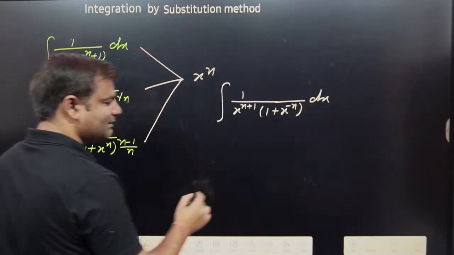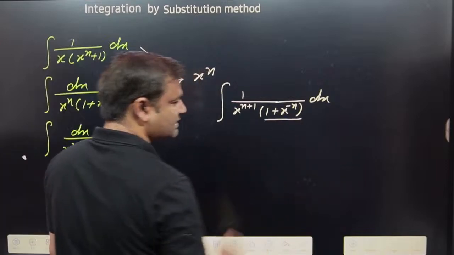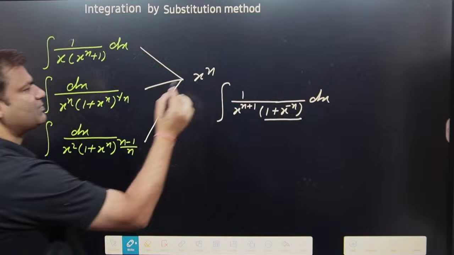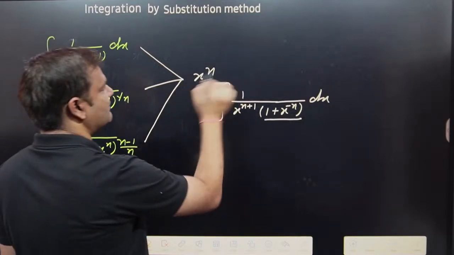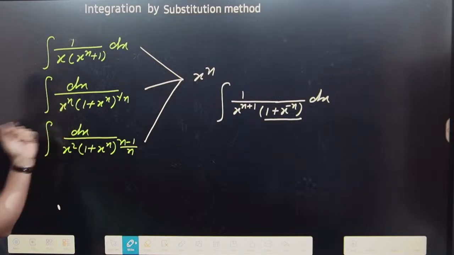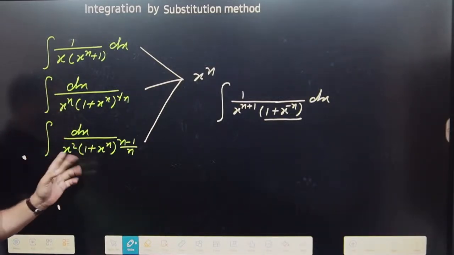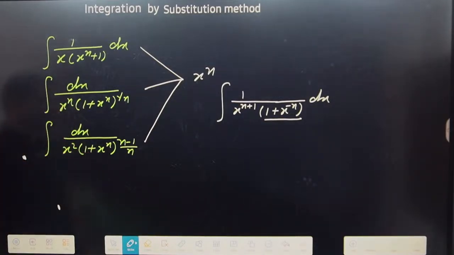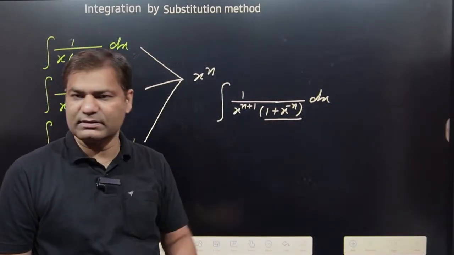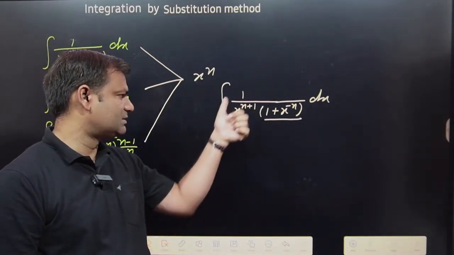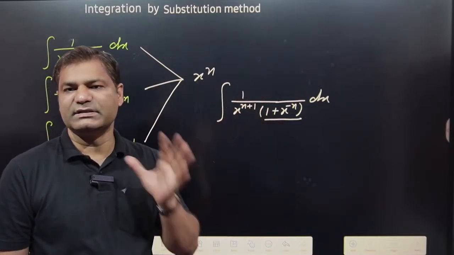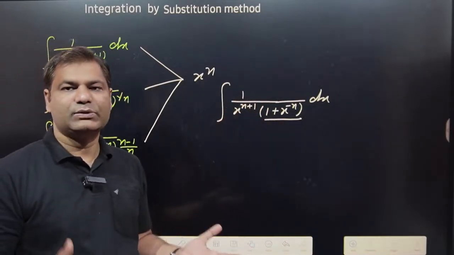After that, the next step is to take this part as t. After that, if this is taken as t, then what about that value? That is dt, and then you can integrate.